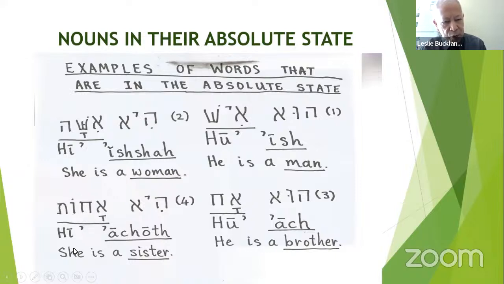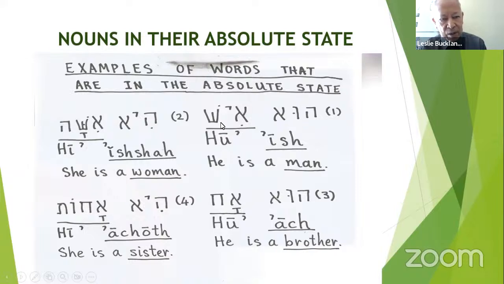So he akoth means she is a sister, but we're not told that she's a sister of this person. We're not told anything else about the sister. And so akoth is standing by itself without any additional explanation or description, and is therefore said to be in the absolute state.